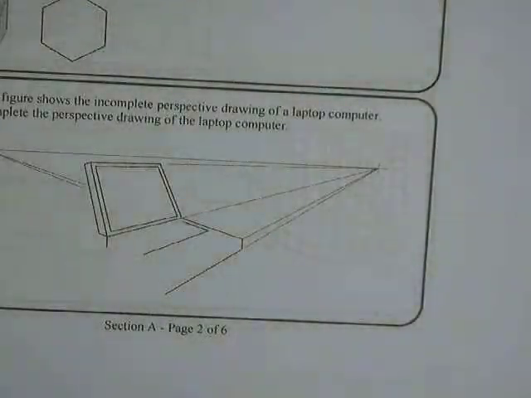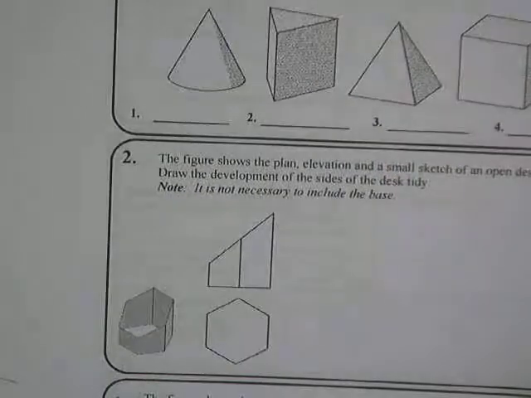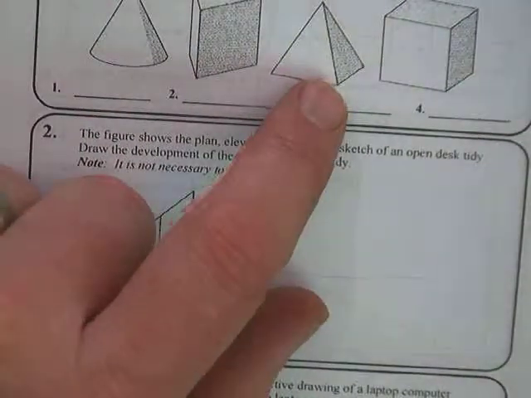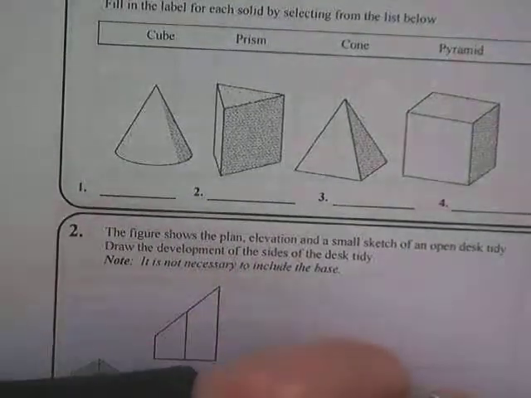Next question then, 2008. Questions 1, 6, 7, and 10. Now, look, which one of these would you label 1, 2, 3, or 4 first? Which one of these would you label first? And what would you call it?